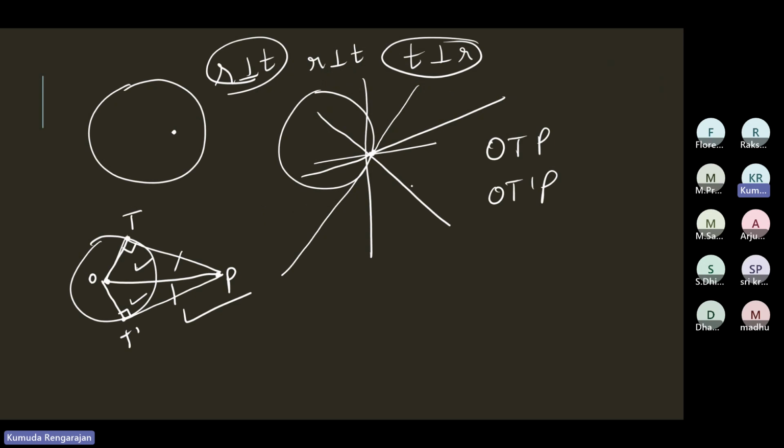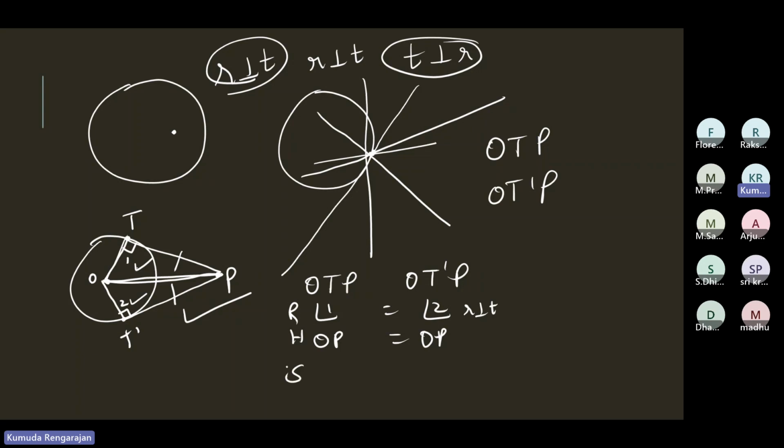Okay, so in these two triangles, OTP and OT dash P, angle 1 is equal to angle 2 because radius is perpendicular to tangent. Then OP is a common hypotenuse: OP is equal to OP. That is R, H, S. Now OT is equal to OT dash.